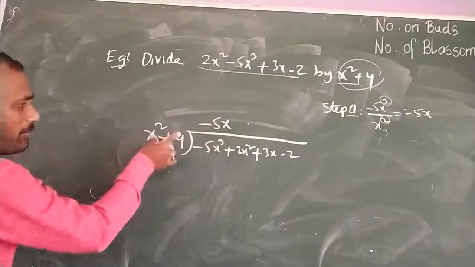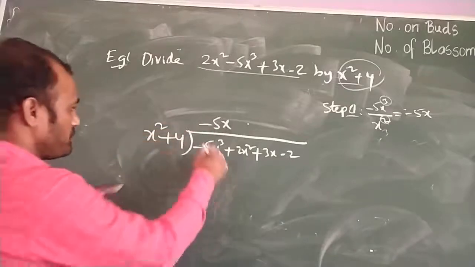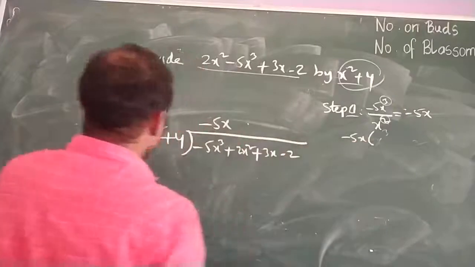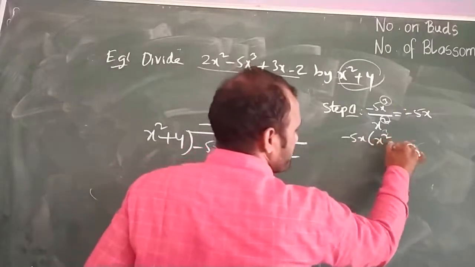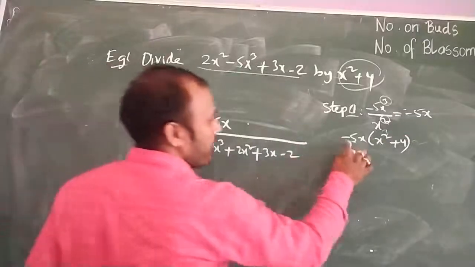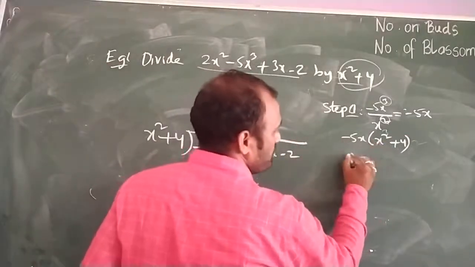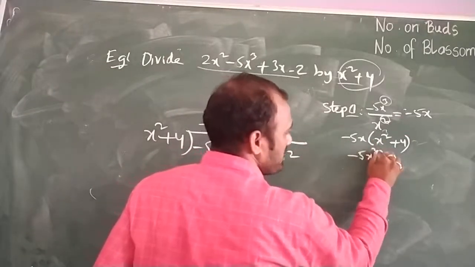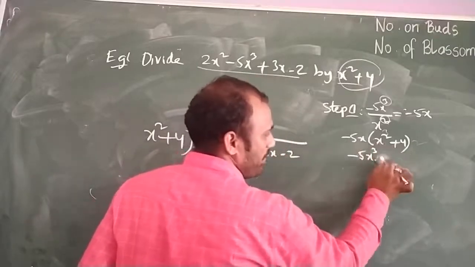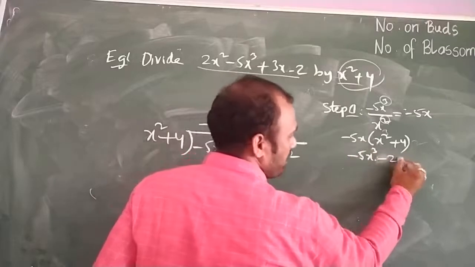So these two I have to multiply. Those who don't know how to do this multiplication, you can perform it like this: minus 5x into x square plus 4. Minus 5x into x square will become minus 5x cube, and plus 4 into minus 5x will become minus 20x.